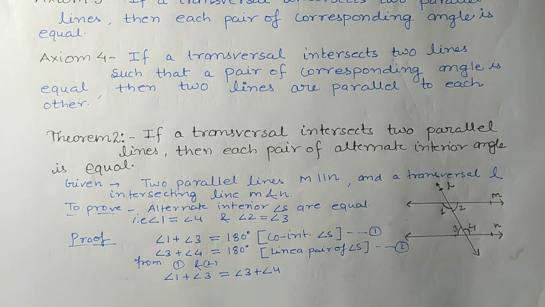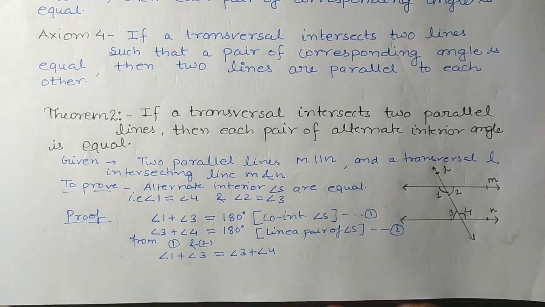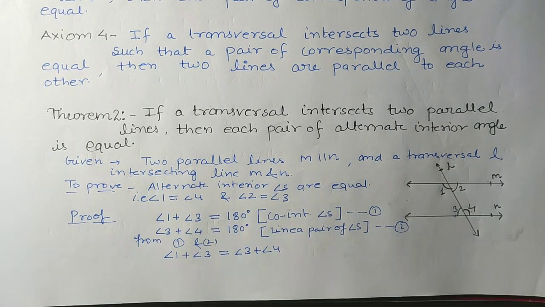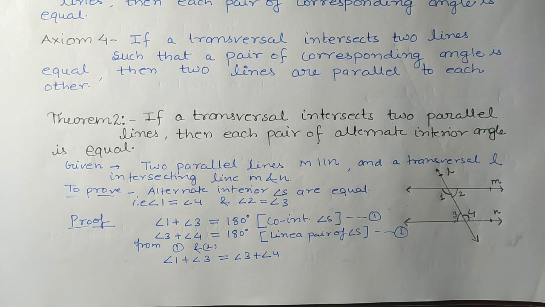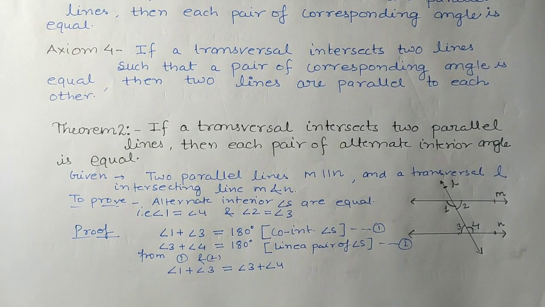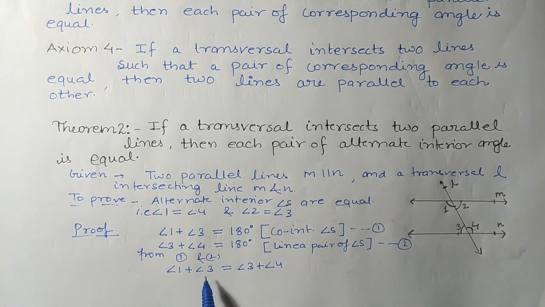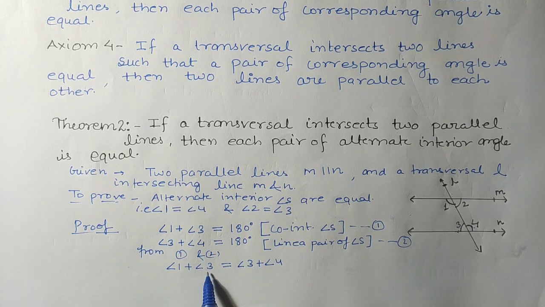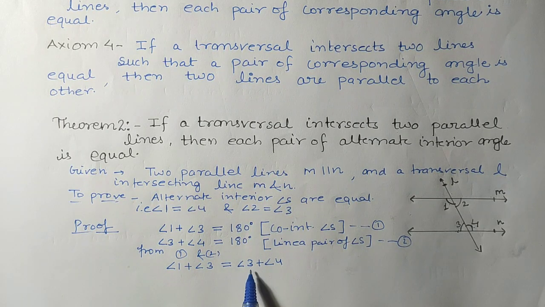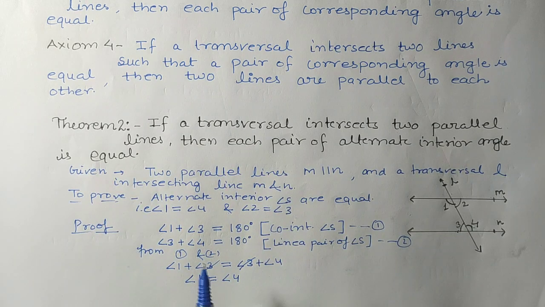If the right hand sides of both of the equations are equal, then their left hand sides should also be equal. Now see, angle 3 is on the left hand side with positive sign, angle 3 is also on the right hand side with positive sign. So this will cancel out. So what is left? Angle 1 is equal to angle 4, which was to be proved. Okay, so like this we can prove.